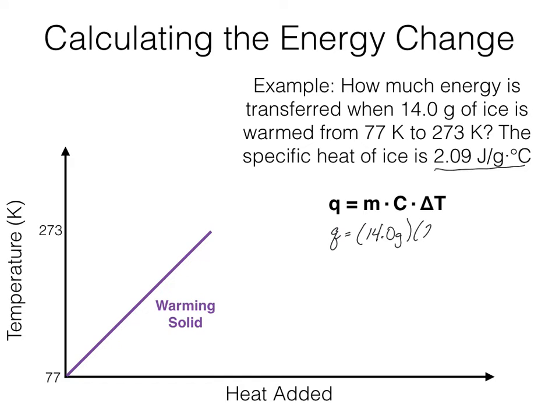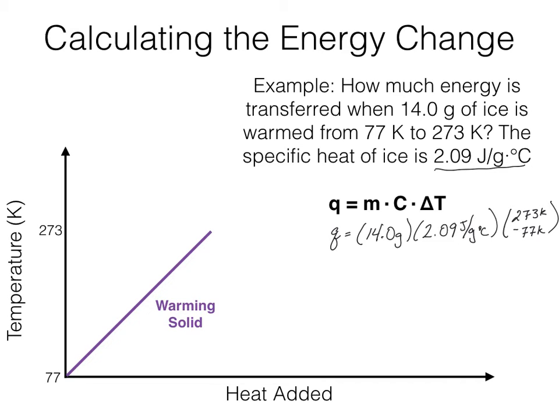My specific heat is 2.09 joules per gram degree Celsius. And my delta T is 273 Kelvin minus 77 Kelvin.